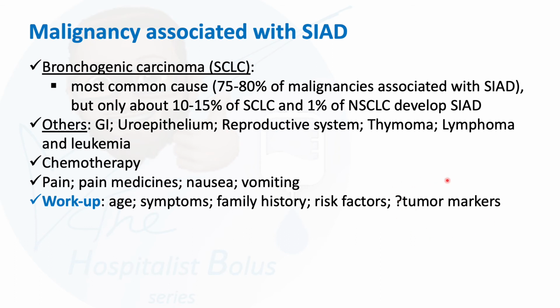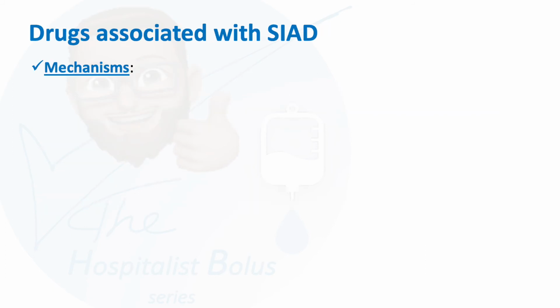We're still not really sure about the significance of those and how helpful they can be. You can consider them in some cases, but you don't have to order all of them in every single case. So again, it's case by case, but you always have to think about malignancy in patients with unexplained hyponatremia, where you think they might have SIAD, or they meet the criteria that we talked about to diagnose SIAD.